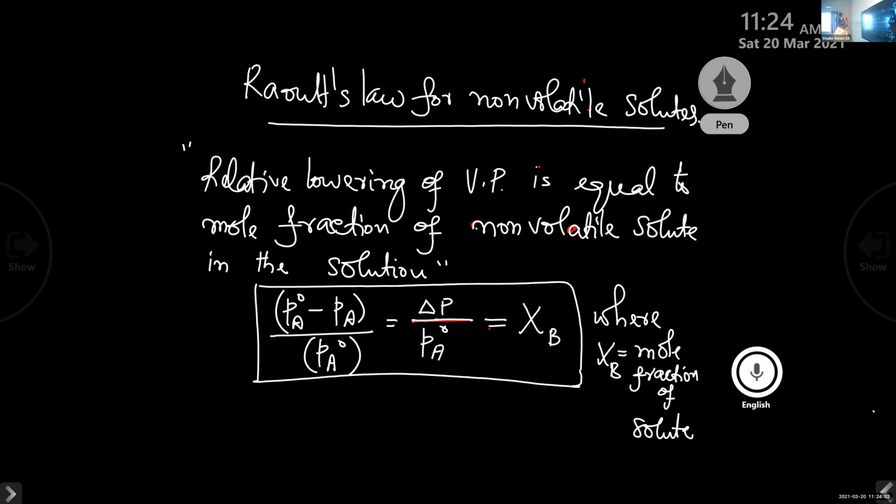PA0 minus PA by PA0 is equal to delta P by PA0, that is equal to XB, where delta P by PA0 is the relative lowering of vapor pressure and XB is the mole fraction of the solute.